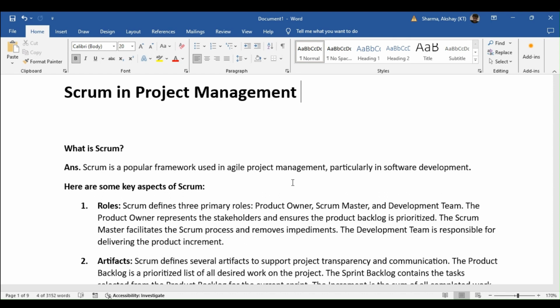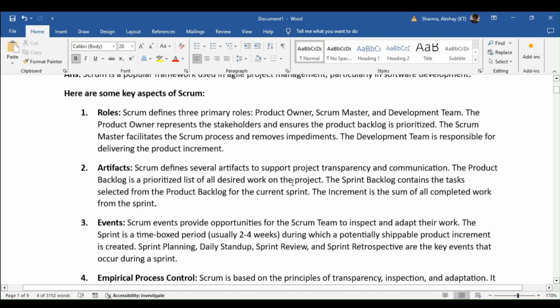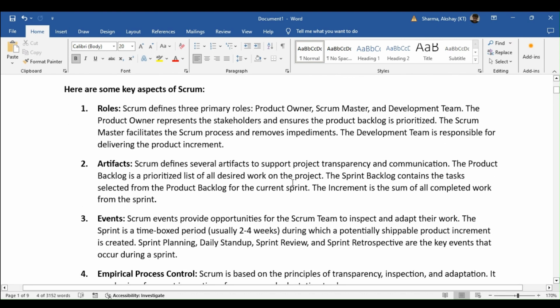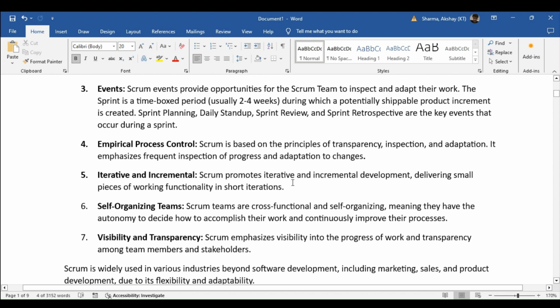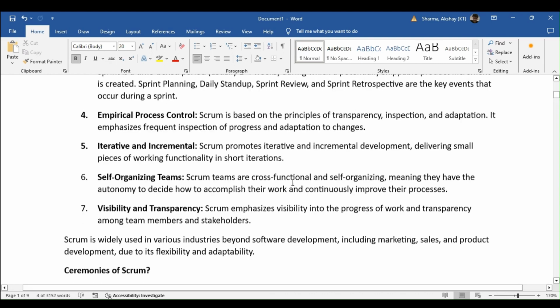In Scrum, there will be several key aspects that we will be discussing: the roles, like which team member has which role and how the role is defined; the second thing is artifacts, which we will discuss in detail; events, empirical process control, iterative and incremental development, self-organizing teams, visibility and transparency.